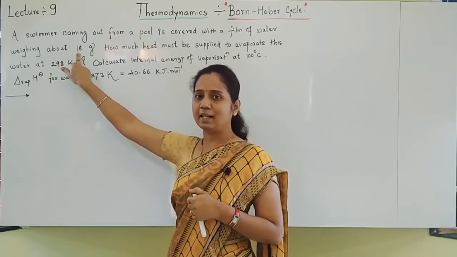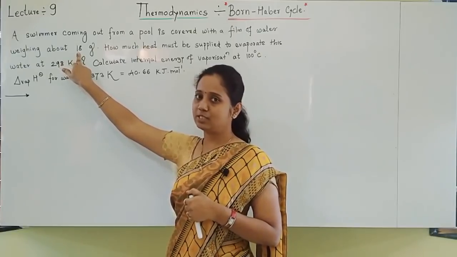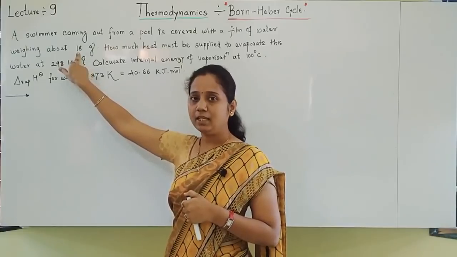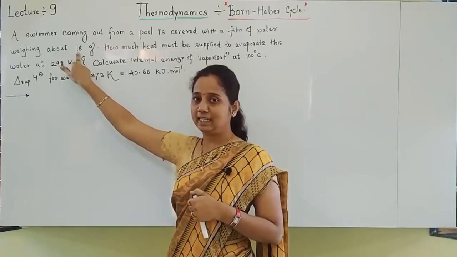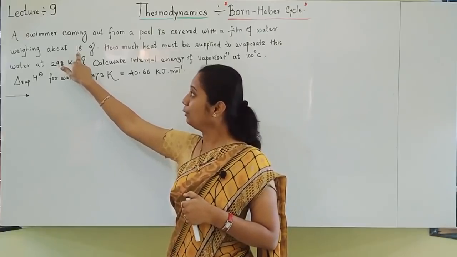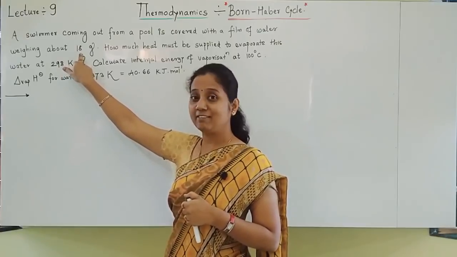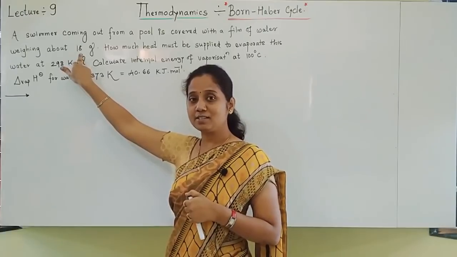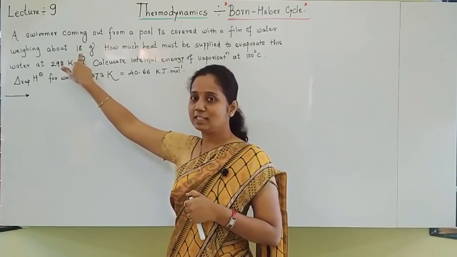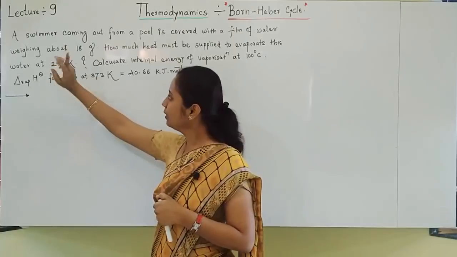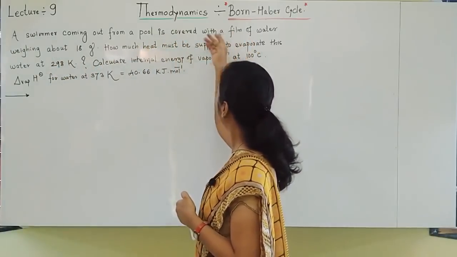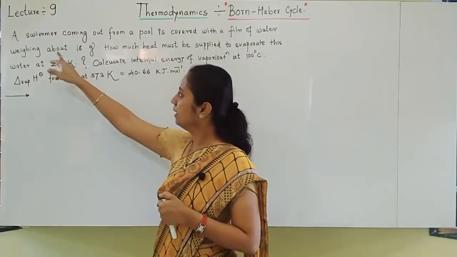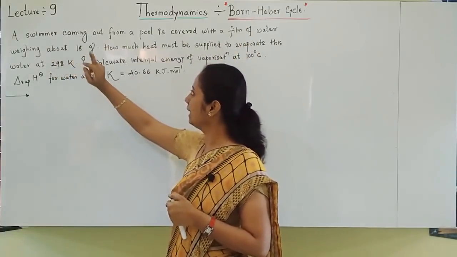Immediately looking at 18 gram, I am repeatedly telling you students, whenever weight is given in gram, you should understand that it is related to number of moles. And for water, how much weight is given? 18 gram, and water's molecular mass is also 18 gram.